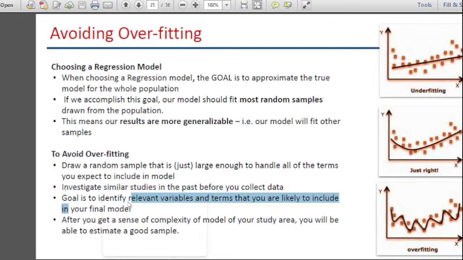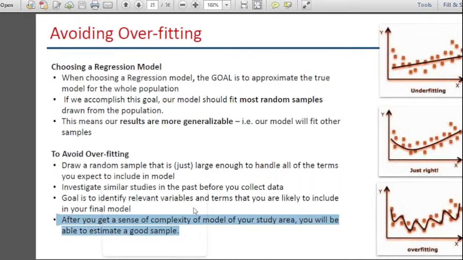The goal is to identify relevant variables and terms that you are likely to include in your final model. After you get a sense of the complexity of the model in your study area, you will be able to estimate a good sample. So these are some of the things you can take care of when you try to avoid overfitting. Clear? Overfitting is clear.